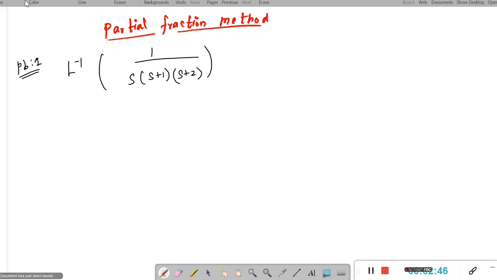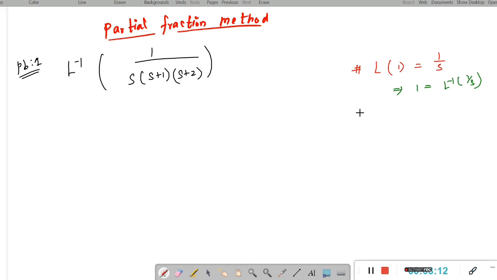So before that, I am going to apply this formula. We know that L of 1 equal to 1 by s. So from that, I am going to rewrite this as 1 equal to L inverse of 1 by s. So L inverse of 1 by s is equal to 1.